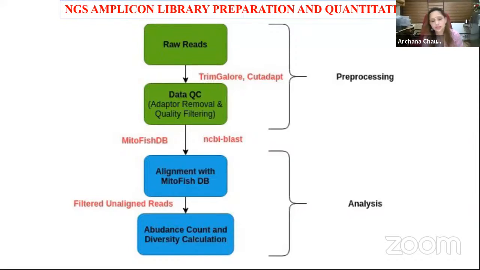So we used this MitoFish database, and alignment with the MitoFish database was carried out, and NCBI BLAST was used for the same. Then for those reads which could not be aligned to the MitoFish database, we filtered the unaligned reads, and processed the sequences which were aligned for abundance count and diversity calculations.